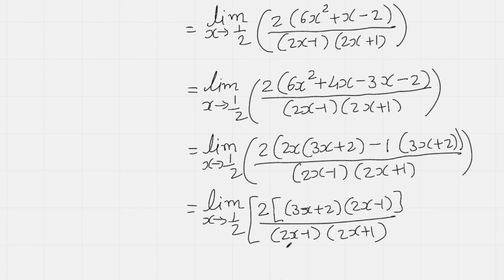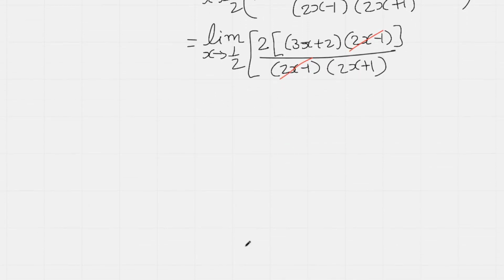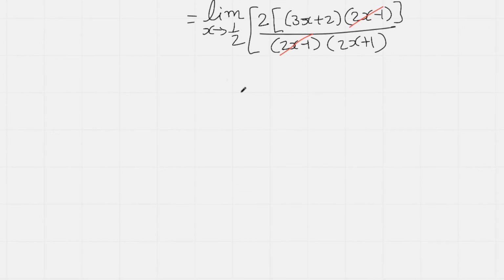Now you can see that we can cancel out the factor 2x minus 1 from the denominator and from the numerator. So now if we put x is equal to 1 over 2, we will not get 0 in the denominator. So let us put x is equal to 1 over 2 in the whole expression.